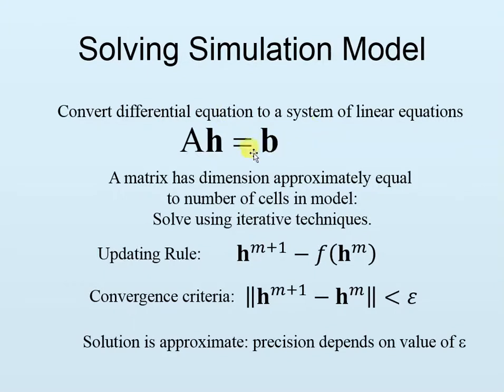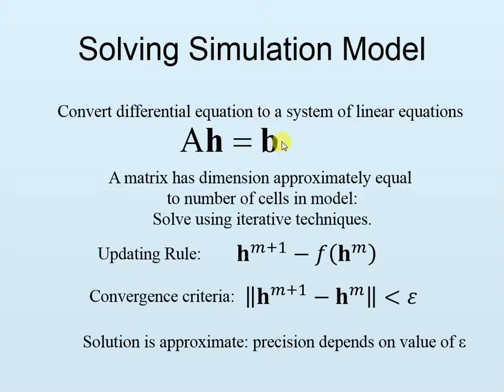Once a system of equations is assembled, then the numerical code gets down to the business of solving it. In the notation used here, bold H is a vector of heads at each of the cells, each of the unknown heads, excluding places where they are known by boundary conditions or other mechanisms. A is a coefficient matrix, and B is a right-hand side.